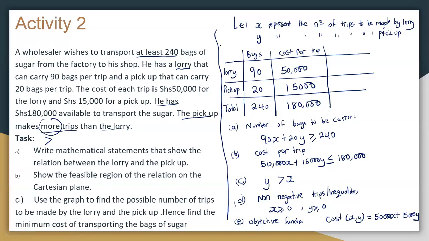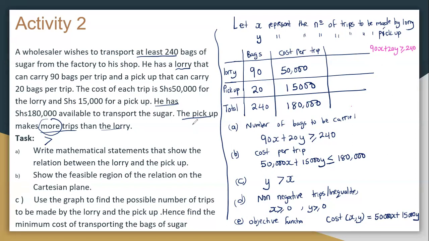Okay, now the next thing I'm going to do is reduce those inequalities, because the next part we are going to do is plotting. So we reduce them together. We have 90x plus 20y greater than or equal to 240. In case I want to reduce them, you can get your highest common factor.